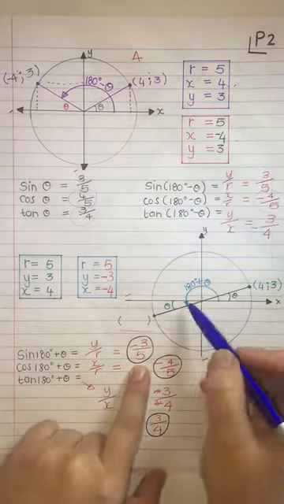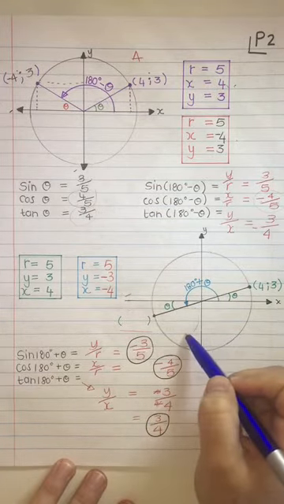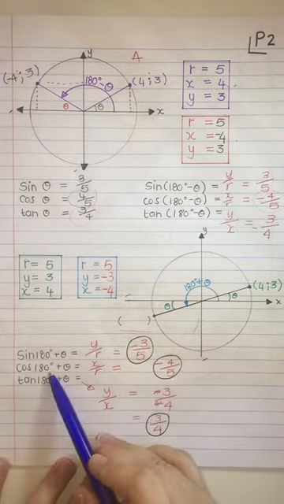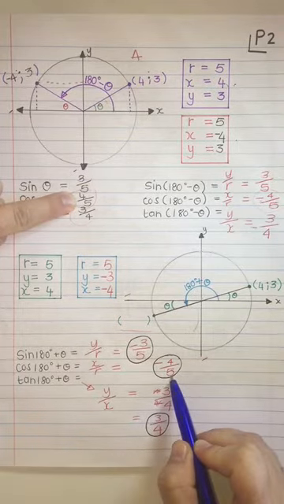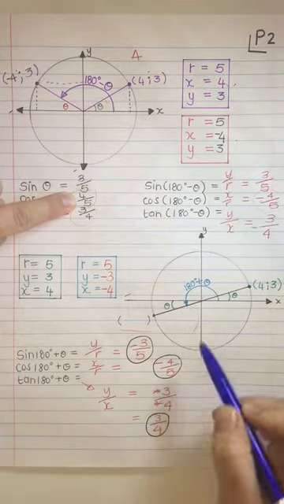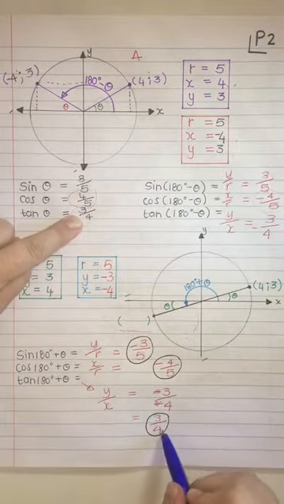Why is this, guys? Because sin is negative in the third quadrant. Here we can do the same. Cos for theta is 4 over 5, and cos for this angle is negative 4 over 5 because cos is negative in the third quadrant. Tan, 3 over 4, 3 over 4 over here.